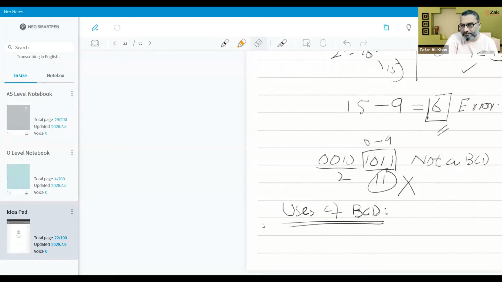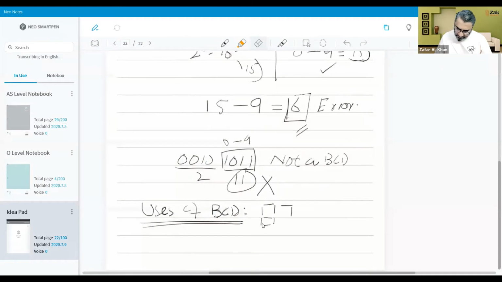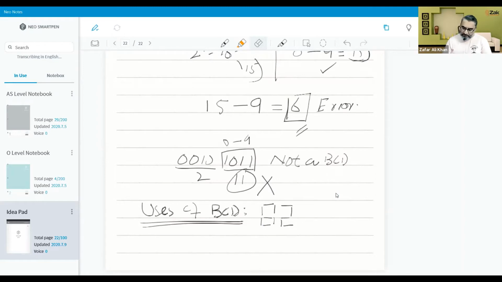So in calculators and clock displays, something like this, this is 8, this is 2. Such displays make use of BCD to show the numbers and to store the numbers. This is a 7-segment display.